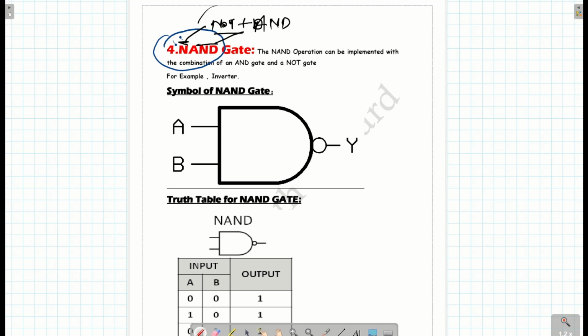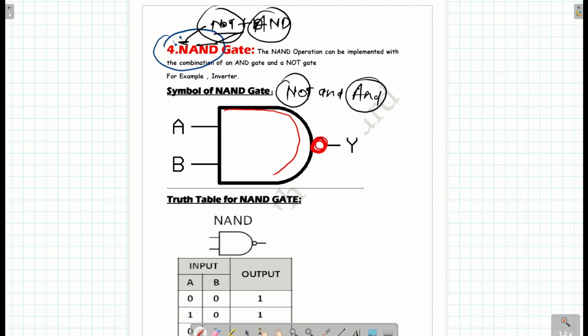So this is the NOT AND gate, a mixture of NOT gate and AND gate. These two gates, you can see here, this is our AND gate, and this symbol represents what? NOT gate. So this will be multiply and this will be invert.